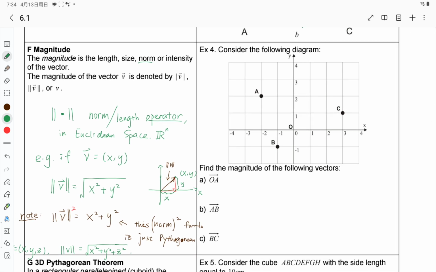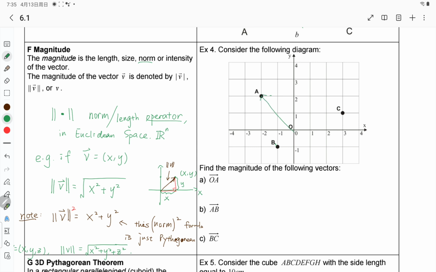And consider the following diagram. Let's find the magnitude of OA, and then AB, but first let's see OA.